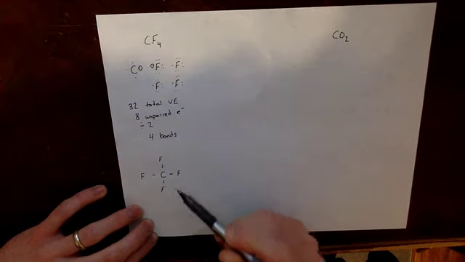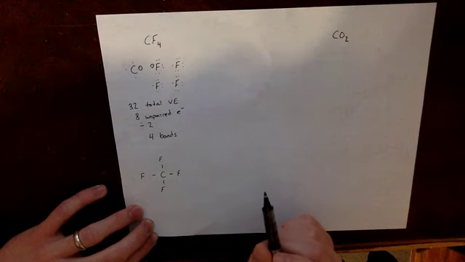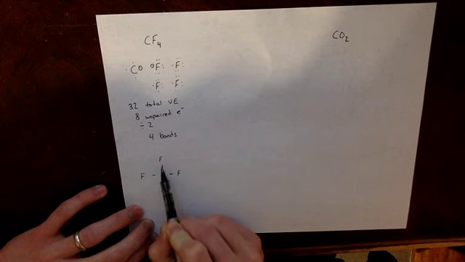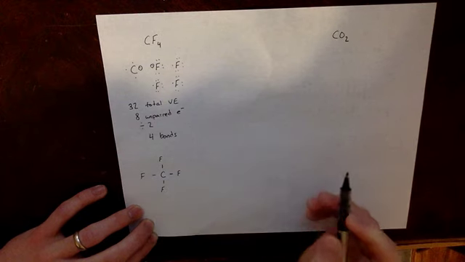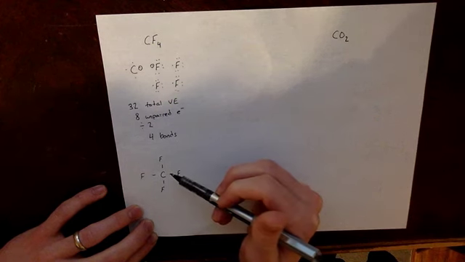Okay, so now we have to satisfy the octet rule for all of the atoms. We have to make sure that each one has 8 electrons around it. If you look at carbon, it's got 2 here because that's a bond, so that's 2 electrons being shared. 2, 4, 6, 8. So carbon has the 8 electrons it needs. Now we have to give each fluorine the electrons they need.